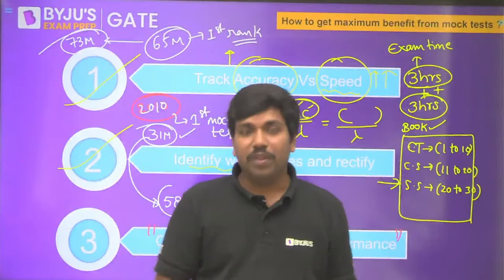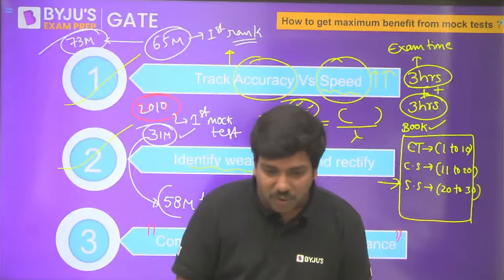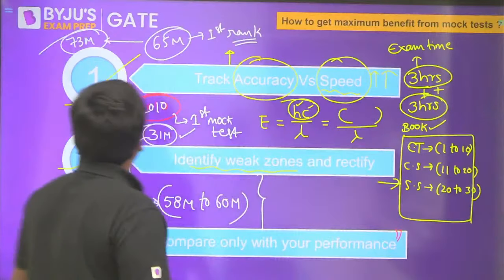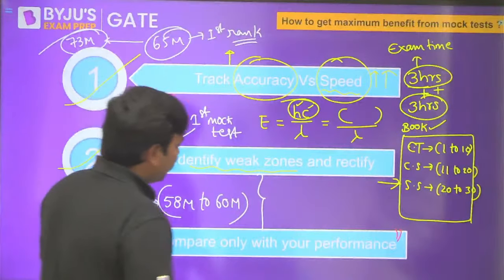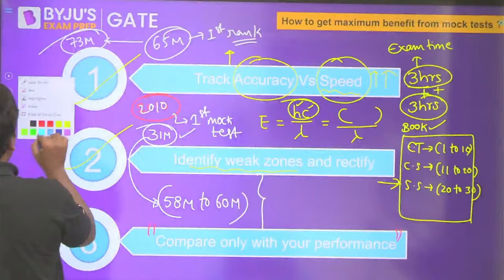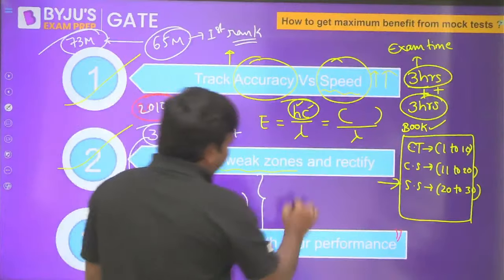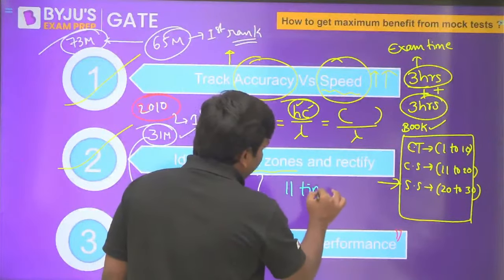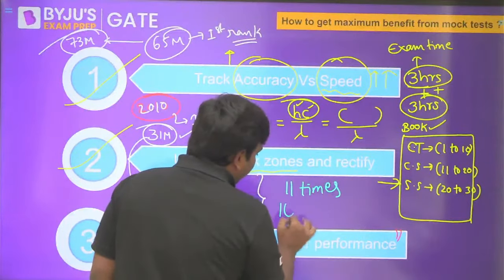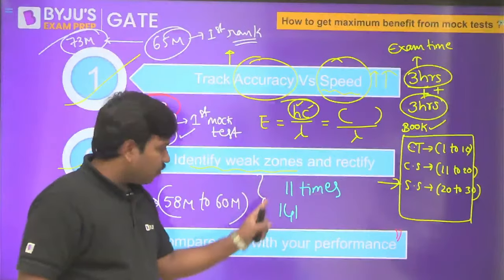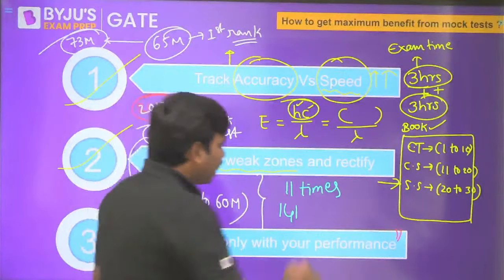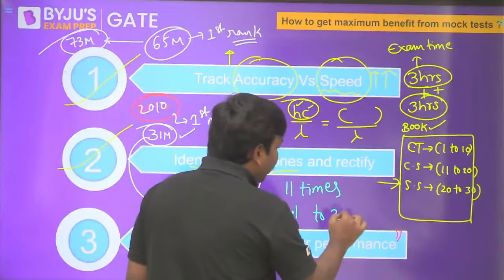Correct? So this is the question, sir, your highest GATE score and rank out of 11 times. So let me tell you. I wrote 11 times, right? I remember the best rank is 141. 141 is a good rank I got, and the worst rank I got is 229.